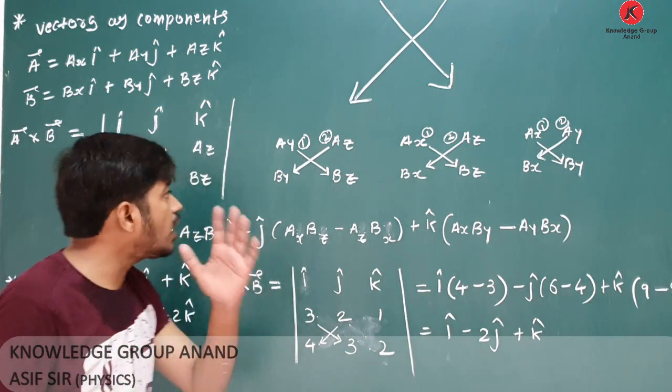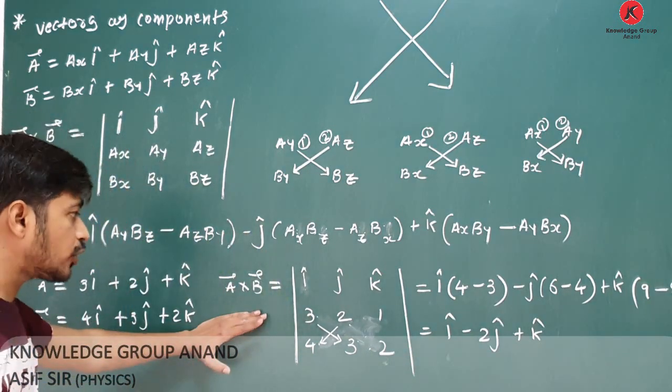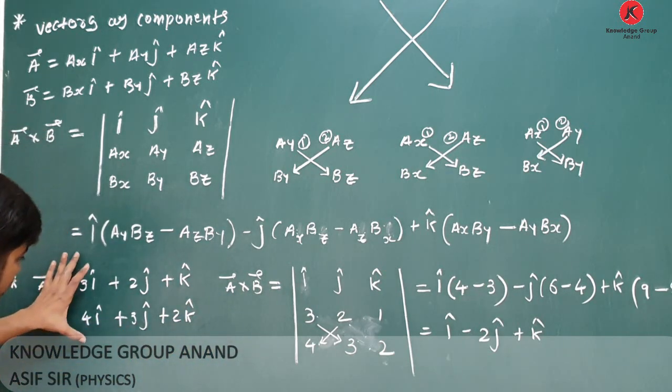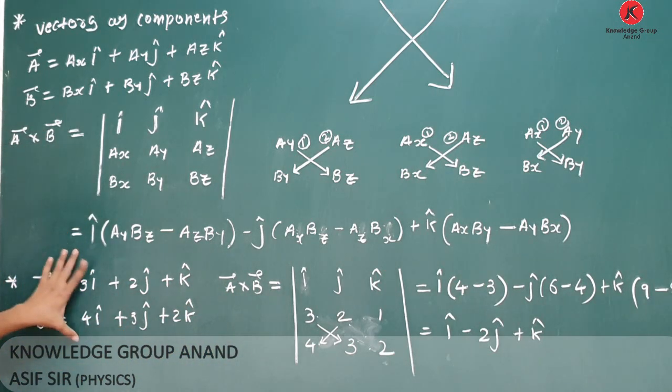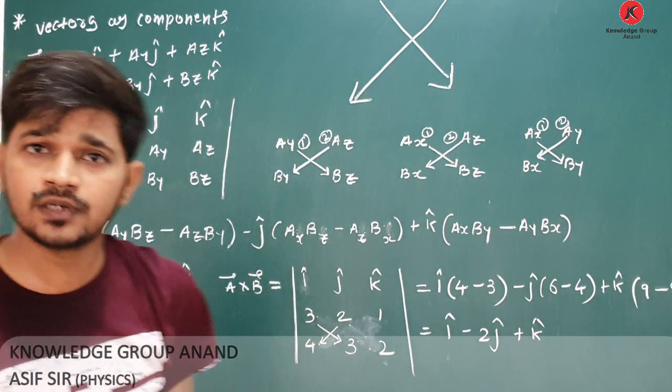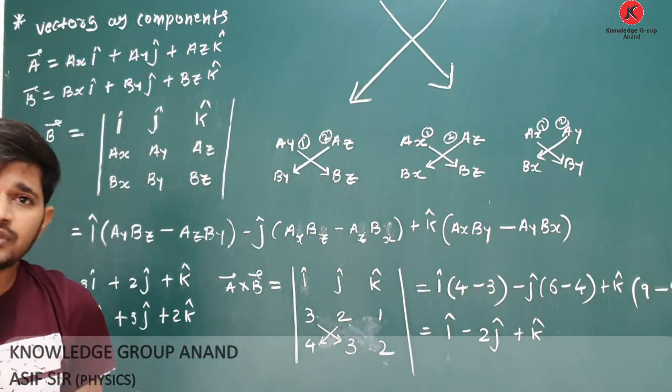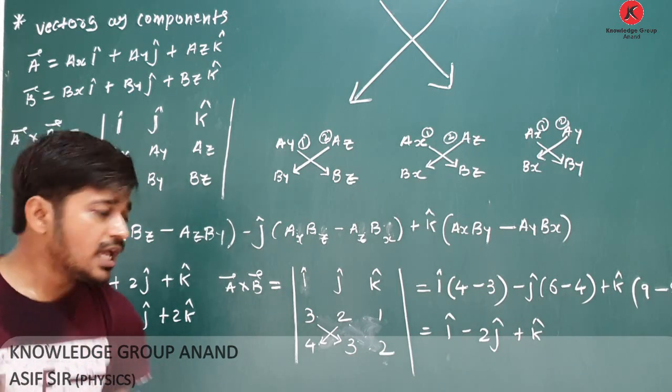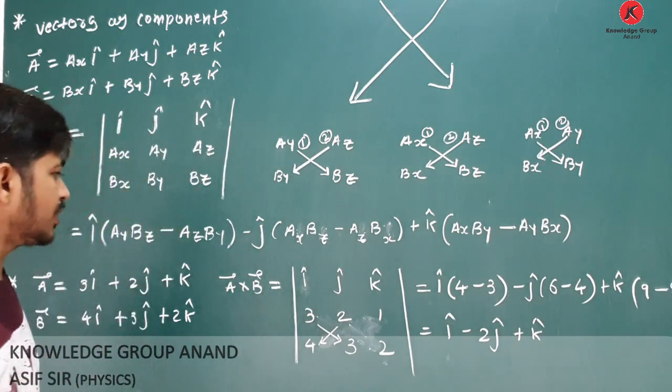So that is how to find the cross product when you are given vectors in terms of components. Clear about this? Now I am taking another example.